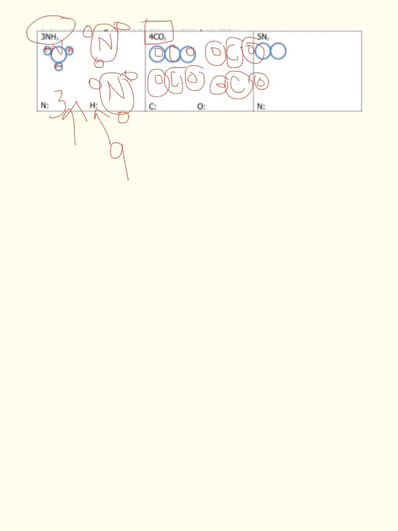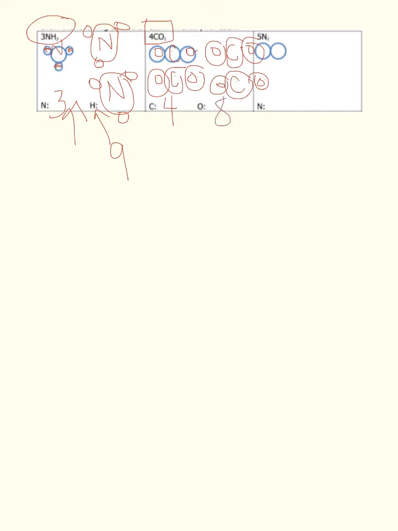And then we'll just count each element. So when we count our C's, we'll see that we have 1, 2, 3, 4. And each molecule has 2 O's. So we have 1, 2, 3, 4, 5, 6, 7, 8 O's.